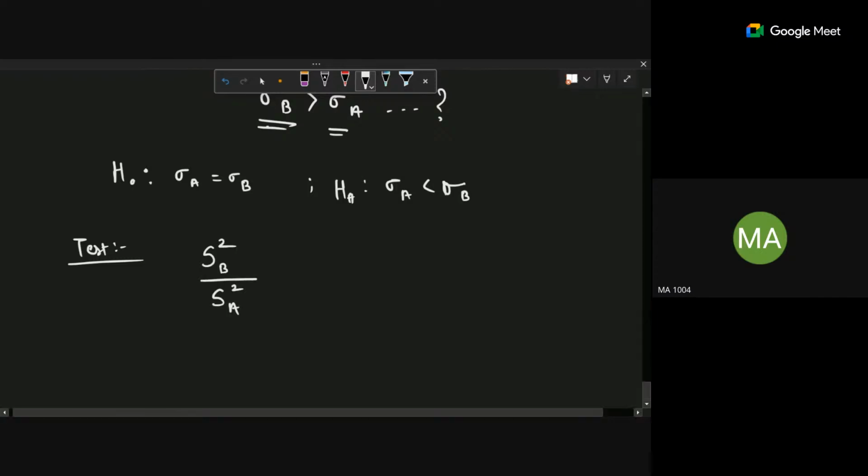If you are taking SB square and SA square, then to support your alternative hypothesis, what should be the rejection criterion for the null hypothesis? We reject the null hypothesis, that means we support the alternative hypothesis. So if I am taking SB square upon SA square, then should it be greater than some C or less than some C?